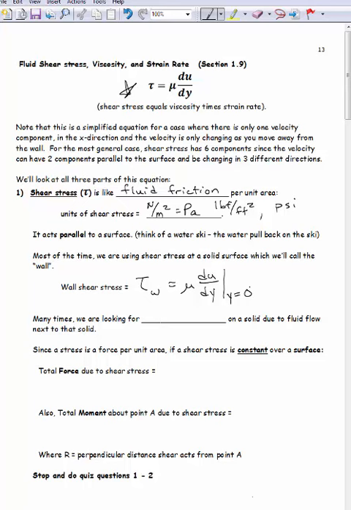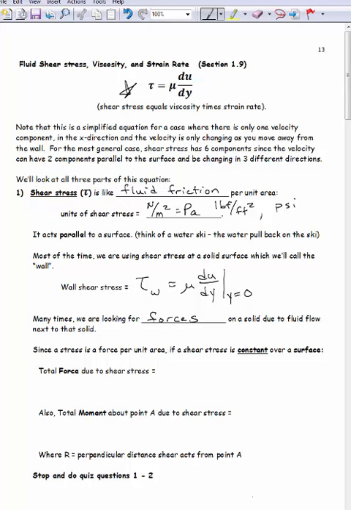What we're usually looking for could be the total forces on that wall, on that solid. Okay, so since stress is a force per unit area, if you want to get back to that force, you're going to just multiply by area. Now that only works, of course, if the shear stress is constant over that surface.